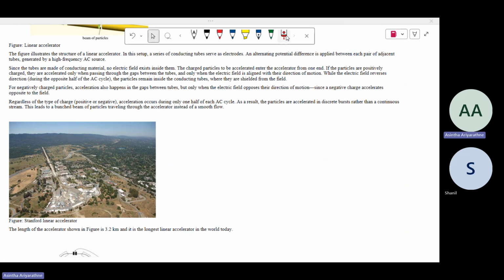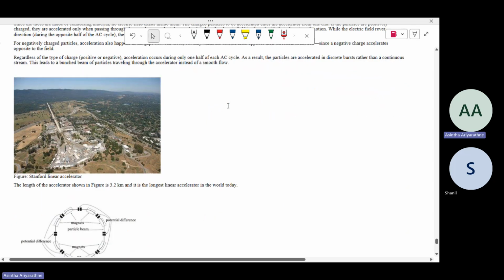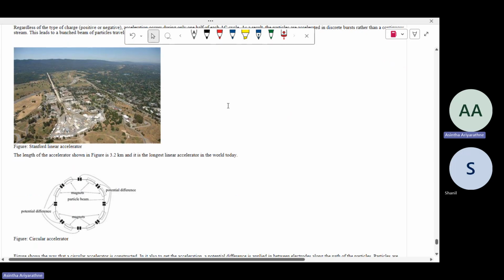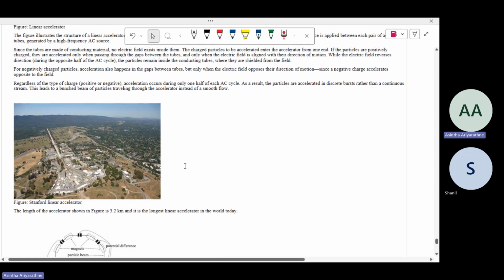The length of the linear accelerator is around 3.2 kilometers, very lengthy, and it is the longest linear accelerator in the world.